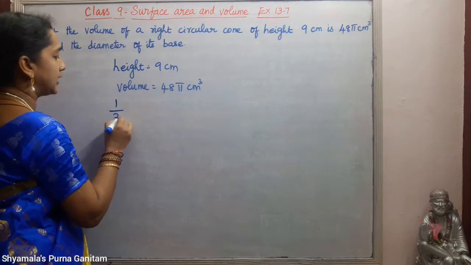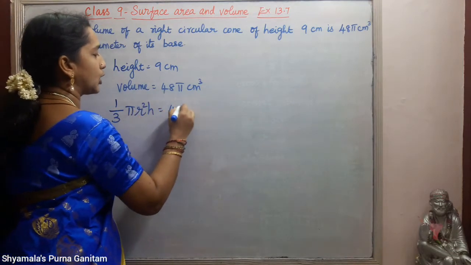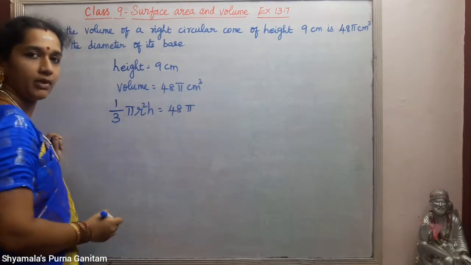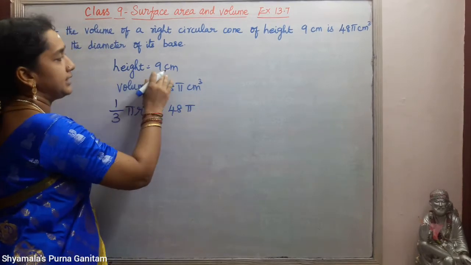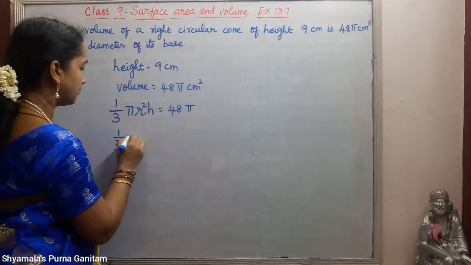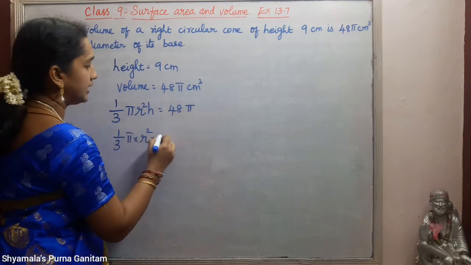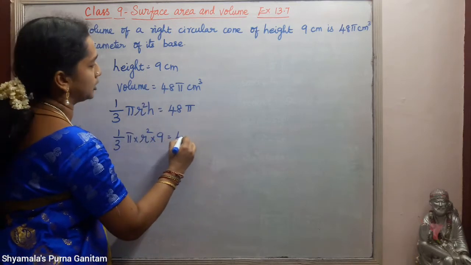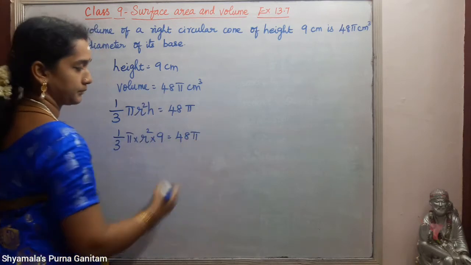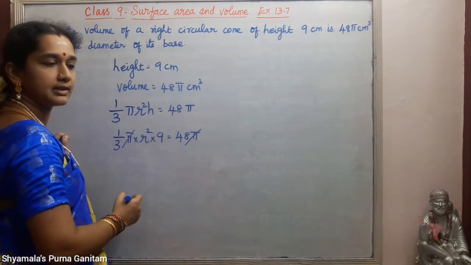So 1 by 3 pi r squared h is equal to 48 pi. We will simplify this. Height is given as 9 centimeter. So 1 by 3 pi into r squared into 9 is equal to 48 pi. So here pi and pi will get cancelled.